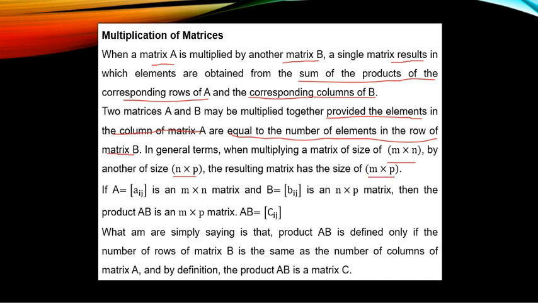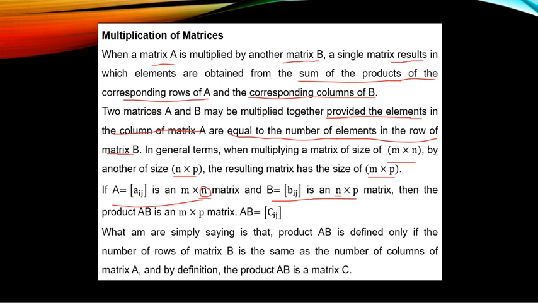Okay, now look at it. Matrix A is m by n, matrix B is n by p. For me to multiply, I'm going to check if the number of columns in matrix A equals the number of rows in matrix B. Remember, in the order of a matrix you have rows before columns. So in matrix A, the column is n. In matrix B, the row is n. See that?